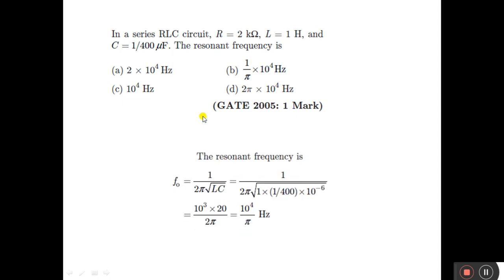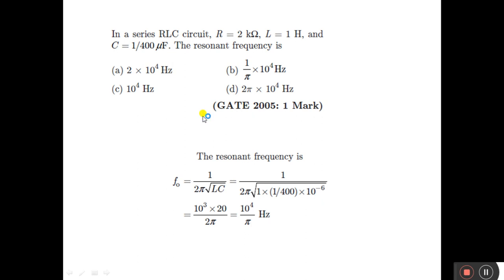The general formula for a series RLC circuit resonance frequency is f naught equals 1 by 2 pi root LC. All the values are given: L is 1 Henry and C is 1 divided by 400 microfarad. So we can write 1 by 400 into 10 power 6. If we take the square root of that, the square root of 400 becomes 20 and 10 power minus 6 becomes 10 power minus 3.